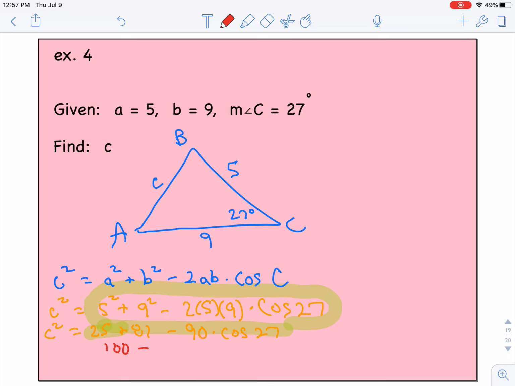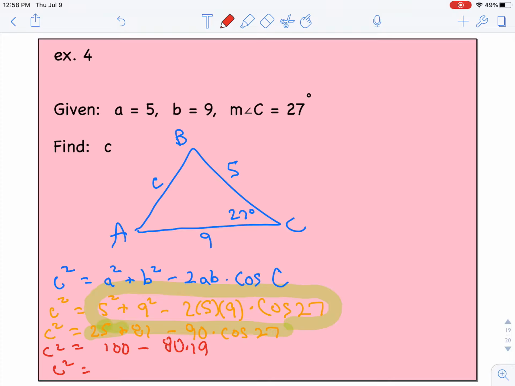I'm just working it out in pieces just to make sure that you can see what's going on. So 25 and 81 gives us 100. So I get 100 minus 90 times the cosine of 27. So 90 cosine of 27 is 80.19. And that's what equals c squared.